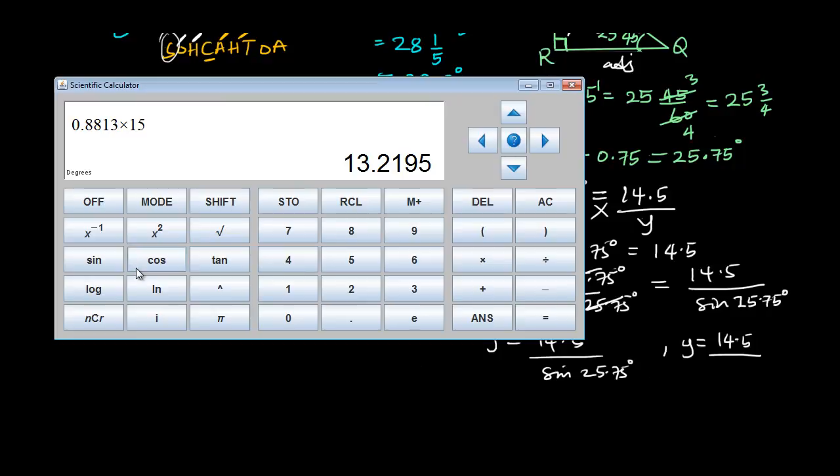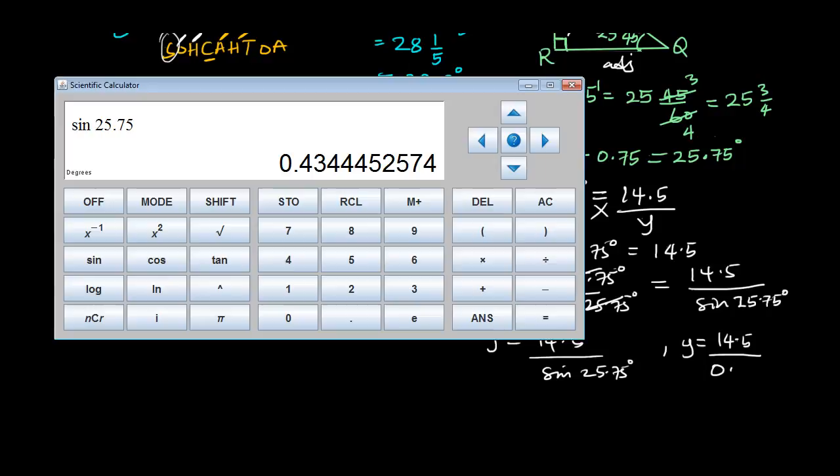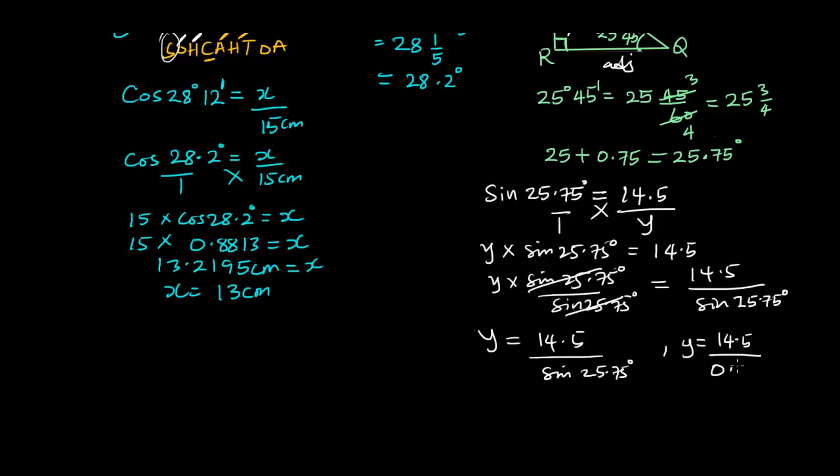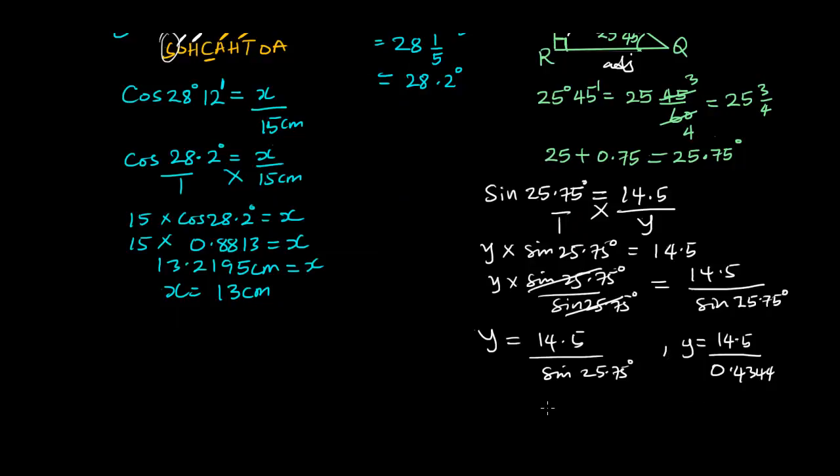Let's find sine 25.75, and this is 0.4344 approximately. So let's divide 14.5 by 0.4344, and this will give us 33.38 approximately.